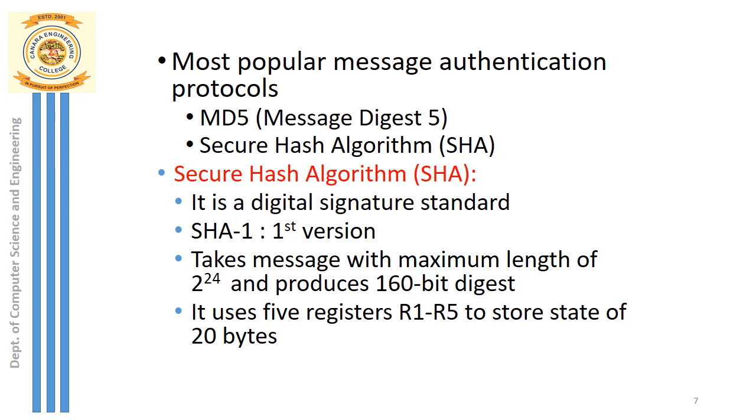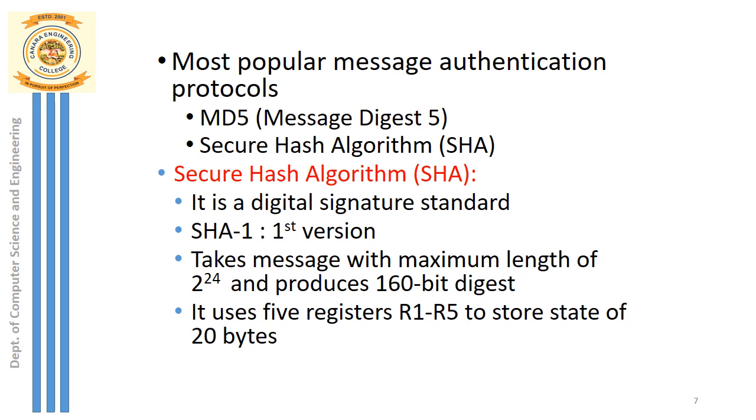As we have seen during the discussion of hash functions, a hash function takes any arbitrary length of message and gives a fixed-size message digest. In the case of SHA-1, it takes messages of different lengths and produces a fixed size 160-bit message digest.